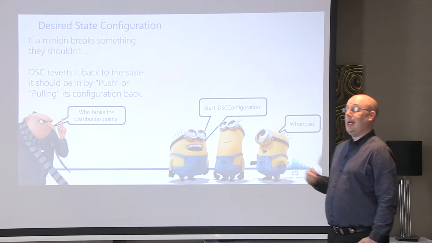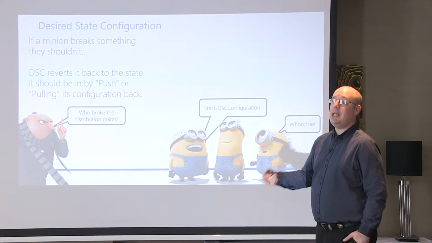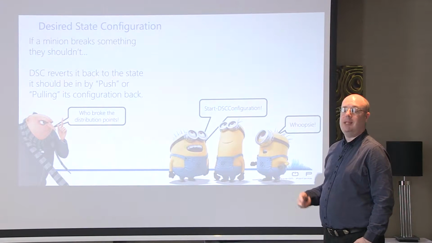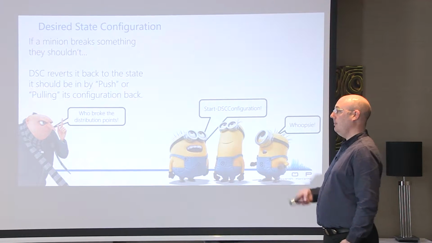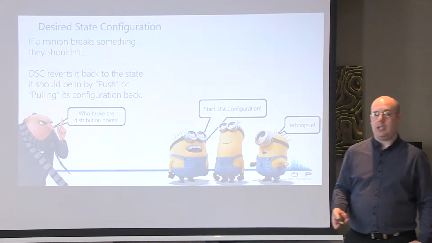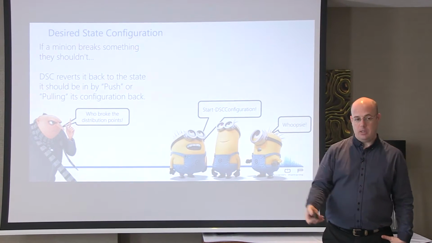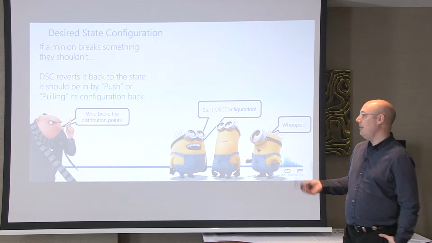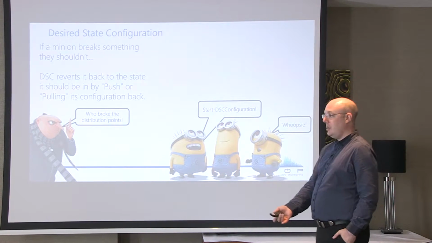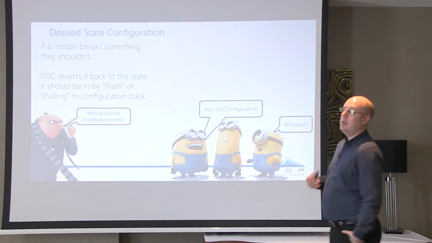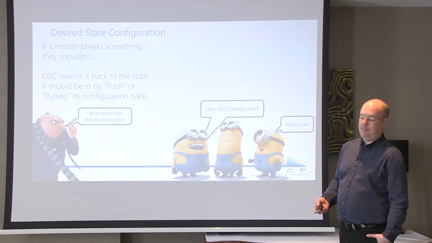With DSC, if you define that actually, that TFTP service is needed for something, it's part of the system, we don't want to bring that system down by turning it off. If somebody does go and turn that service off, DSC will say, actually, no, that needs to be on, turn it back on again. So it's that idea that if a minion goes and breaks the system, DSC should be able to revert it back to a known, working, defined, configured state.